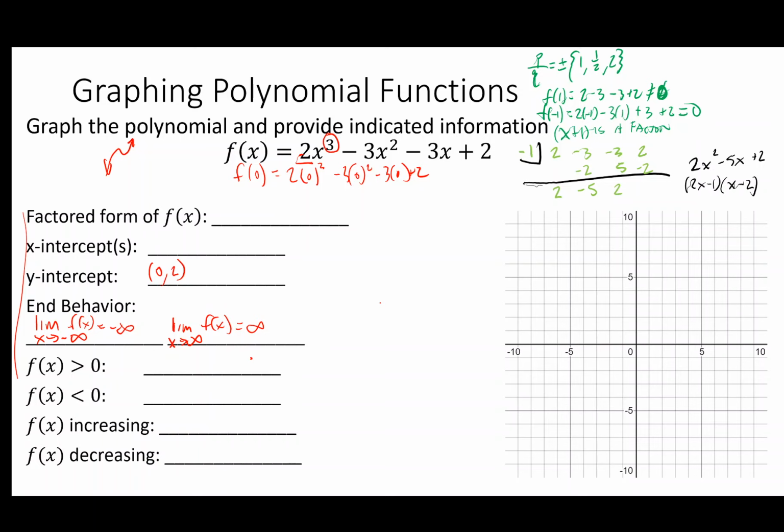The factored form of this polynomial, because we found that x plus 1 was a factor, and then we just factored the resulting quotient quadratic, is going to be, sorry, let me go back here.